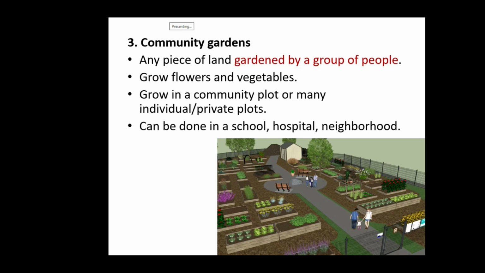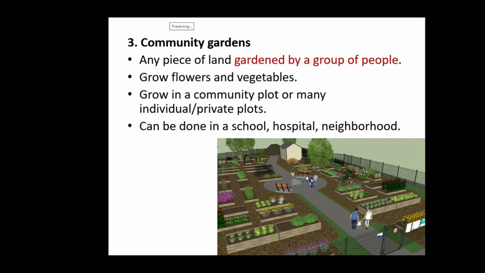Whereas in cities and metro cities we don't have much space, and if you really want to grow, we need a relatively big space. So we look at some area where it is possible for everyone to contribute and grow vegetables and other flowers. Those are all called community gardens.